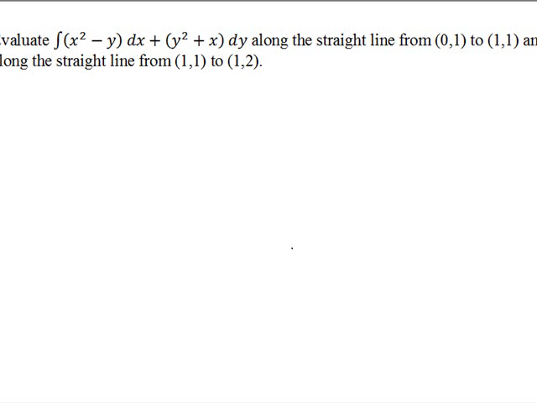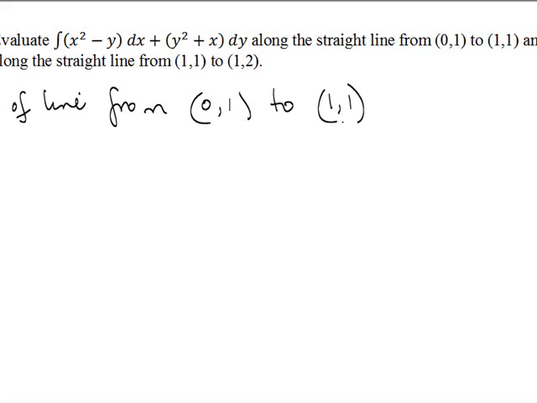And of course, you know what we need to do? We need to parameterize. So the equation of the line from (0, 1) to (1, 1). What is the direction vector, please?